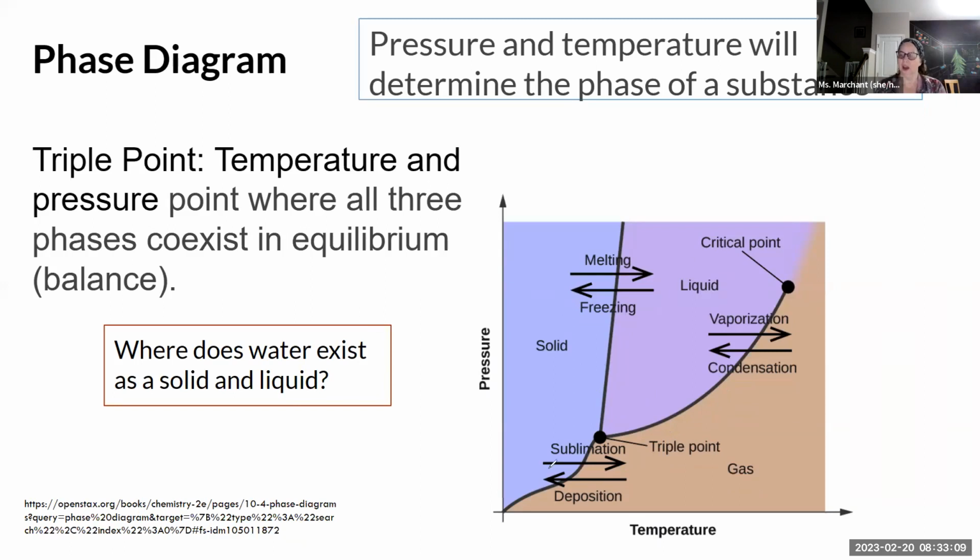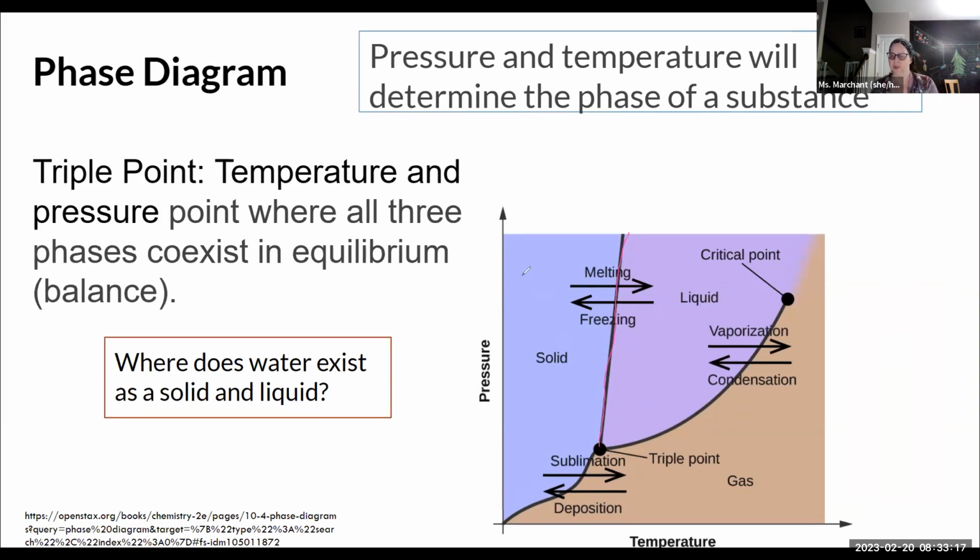So if this graph was for water, where it would exist as a solid and a liquid is all along this line, because that is the line where it's converting from a solid to a liquid. So you can look at that for each one. Where does it occur, a solid and a gas at the same time? Down here. Where does it occur, all three? The triple point: solid, liquid, and gas.